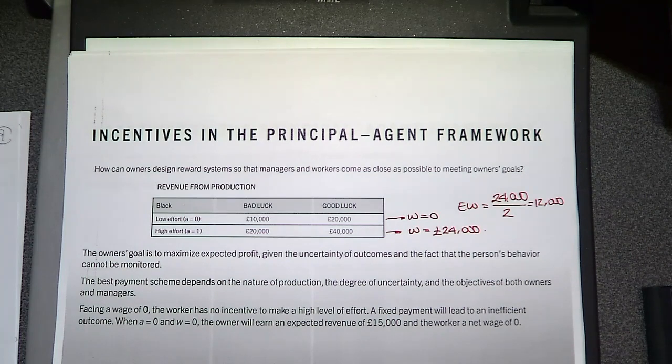It's 2,000. So in principle, in terms of expectancy, we could say that he will decide to do a high effort, because his expected salary will be positive. However, remember, in the minimum effort, between 10,000 and 20,000, he gets zero.